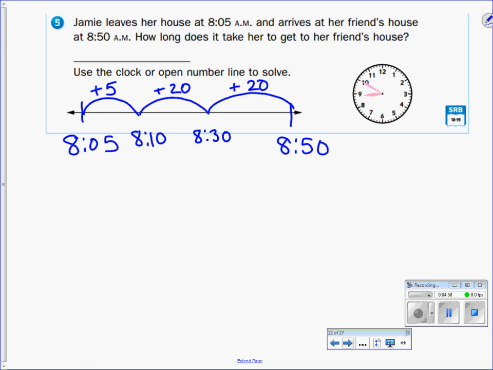Okay, and if I add those up, I have 5 plus 20 is 25, plus 20 more gives me 45 minutes. Okay, that concludes our lesson 2.7 in our math boxes.